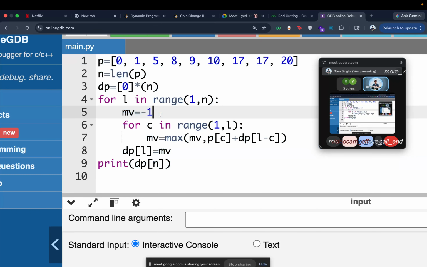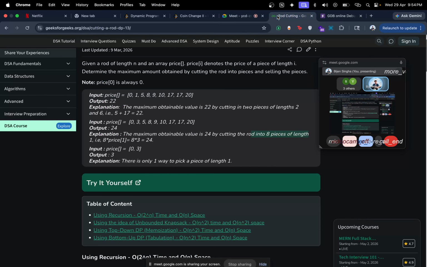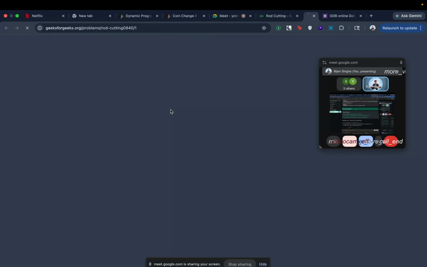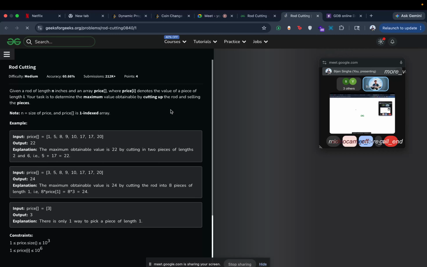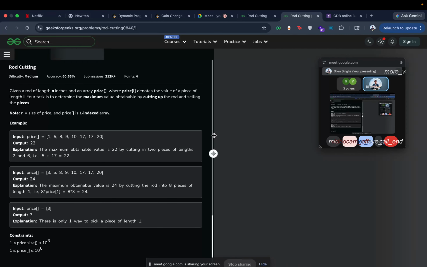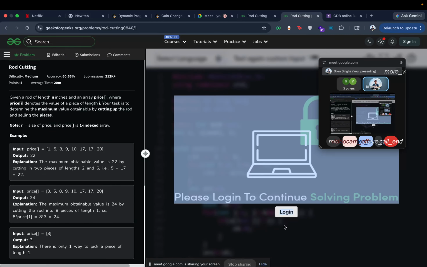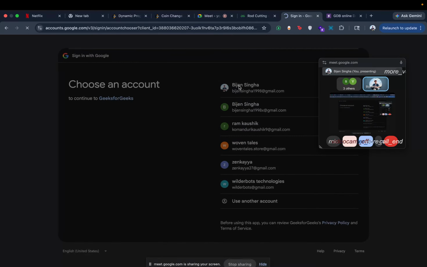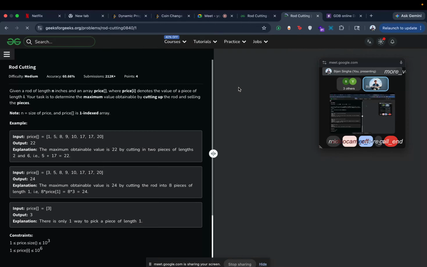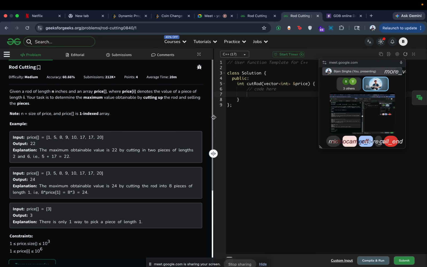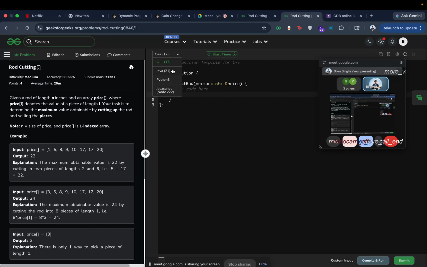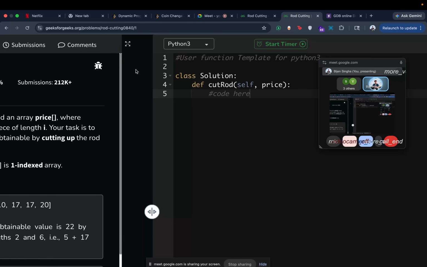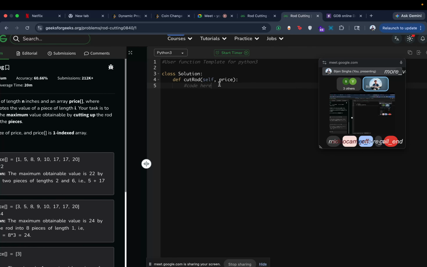Now let me check it in Geeks for Geeks and try it out. Try it yourself. Let's check in what way they are giving it. Okay, this is my code.